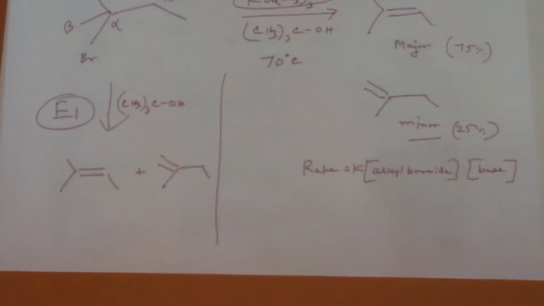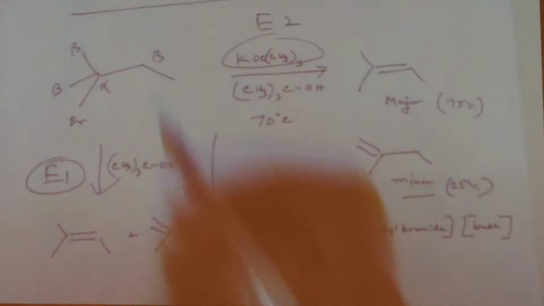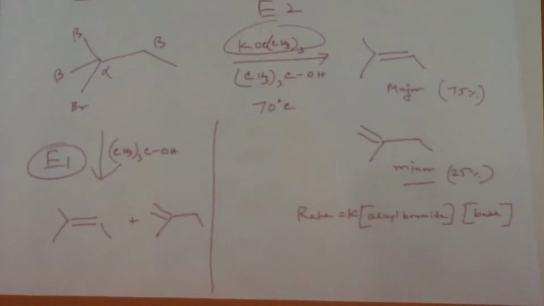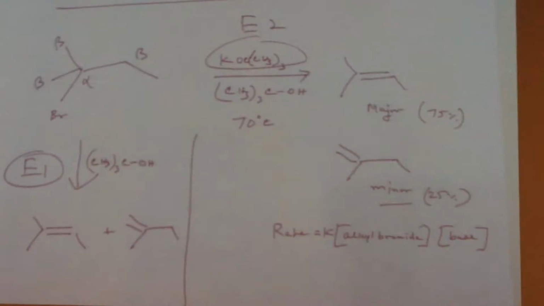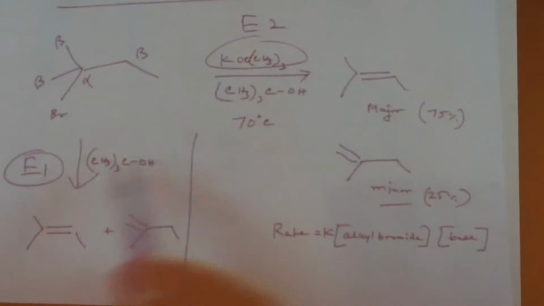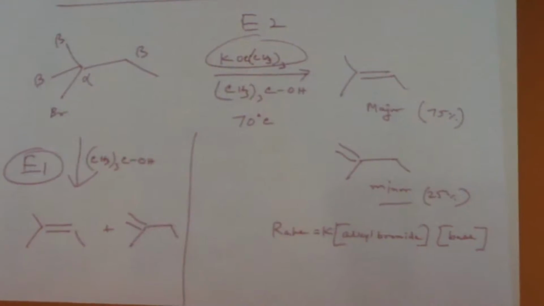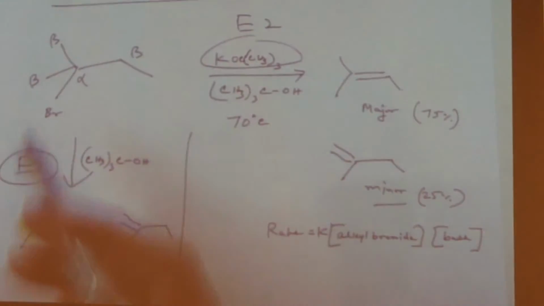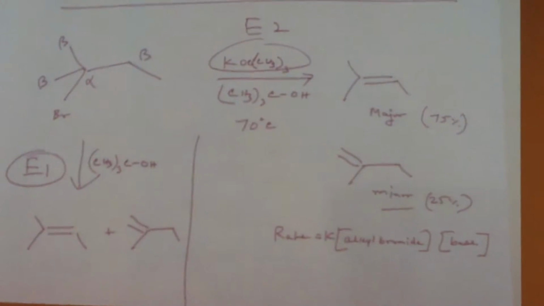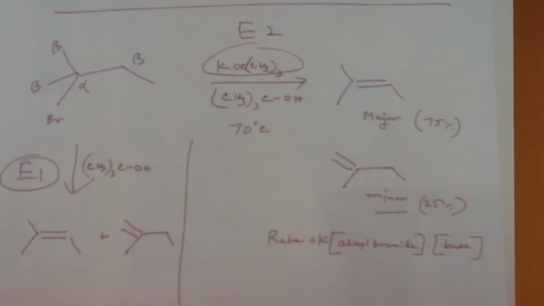And so we can use the same substrate. The only fundamental difference is in one case we provided a strong base that has the ability to pull out the proton. In the other case, the base is actually the solvent, which cannot take part simultaneously by removing hydrogen and kicking out the bromine. Therefore, it goes at a much slower rate.